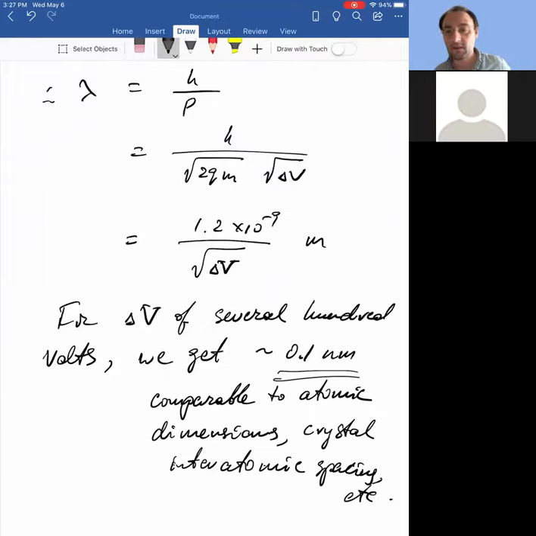I find that students have a difficulty with the idea of something being comparable, okay? Because all these years you've been taught to put numbers into a formula, get a number out. So you're used to dealing with exact numbers.